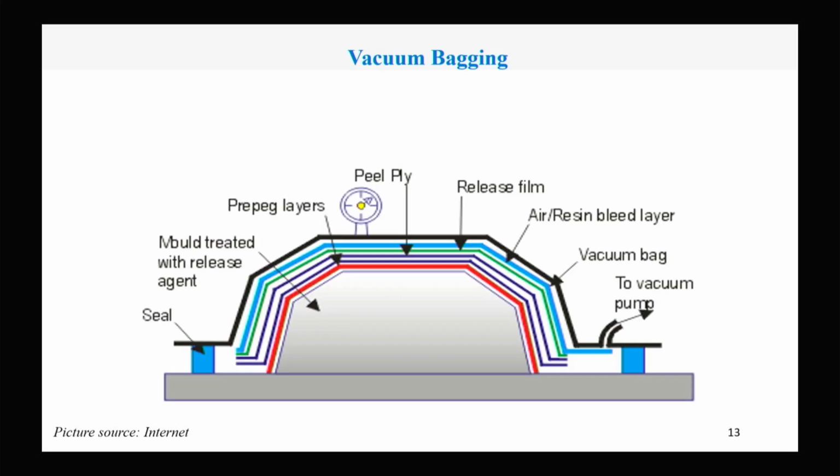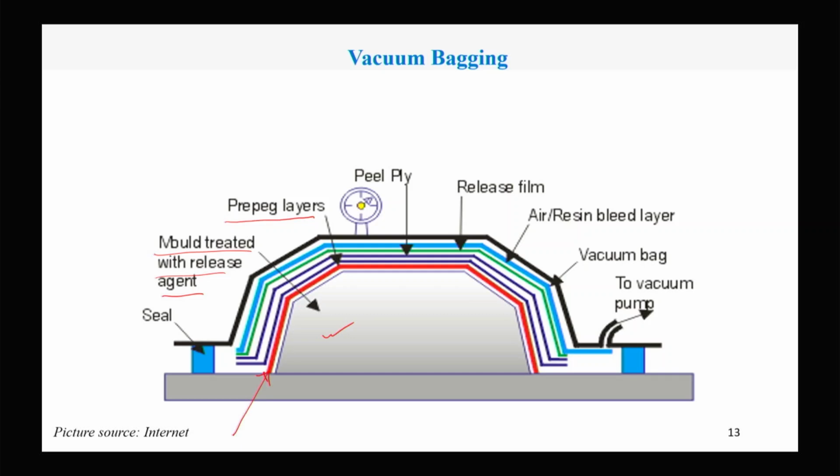So now another method is the vacuum bagging method. Vacuum bagging means here you have one mold with release agent. So this is a mold on which the composite has to be manufactured. A prepreg layer is placed, shown by the red line.